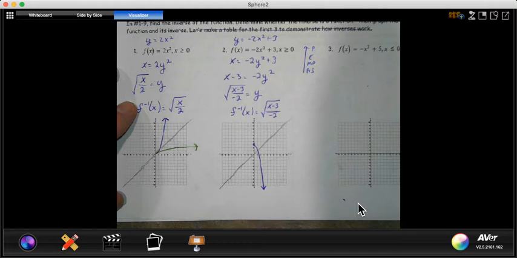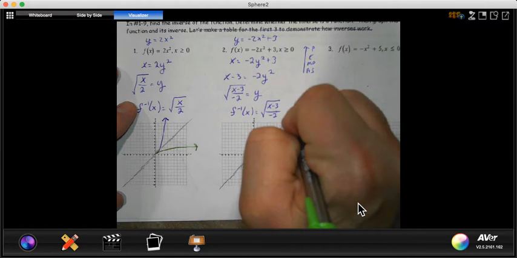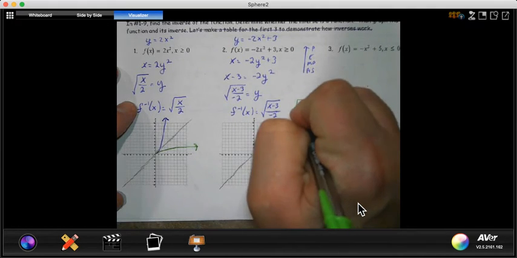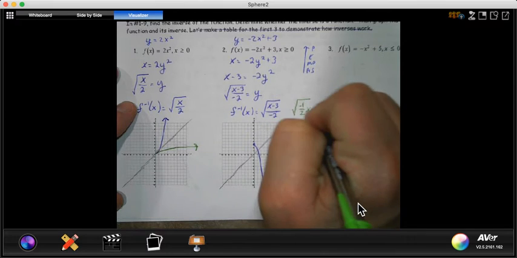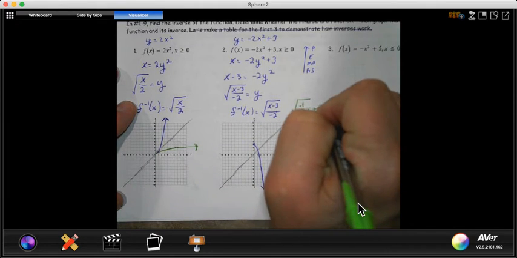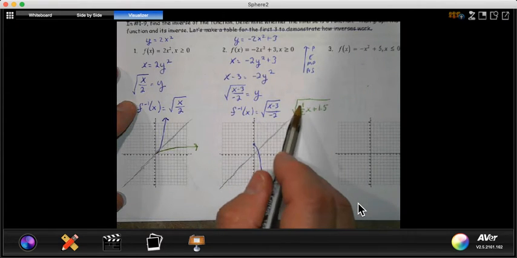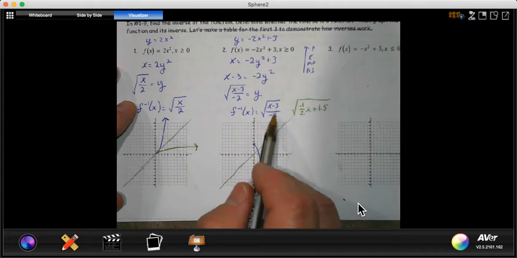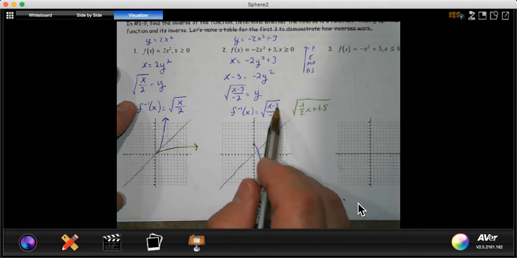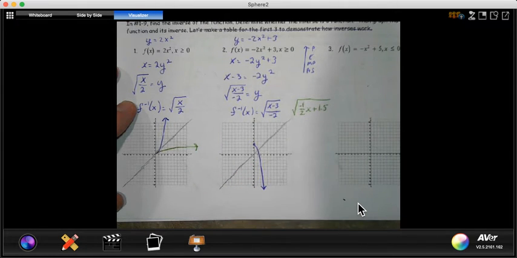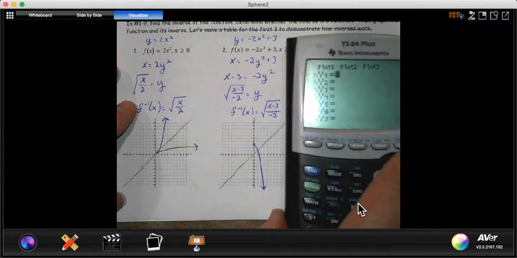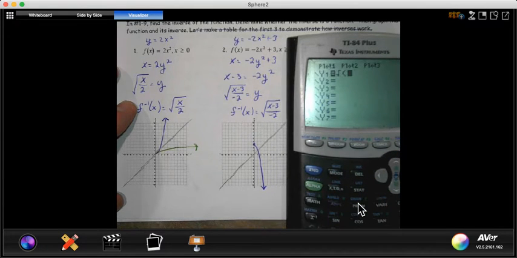So I'm going to rewrite it as the square root of negative 1/2 x plus 1.5. How did I get that? So 1 divided by negative 2 is negative 1/2. That's in front of the x. I split my fraction. Negative 3 divided by negative 2 is 1.5. So let's type that in. Square root of negative 0.5 x plus 1.5. Now I can graph it.